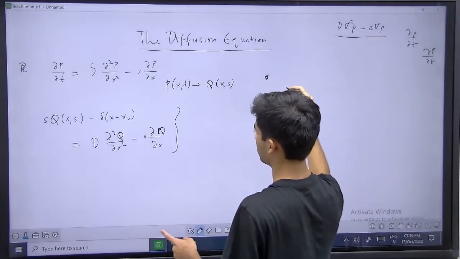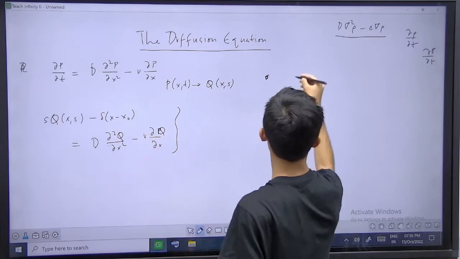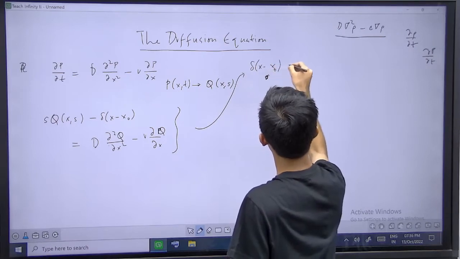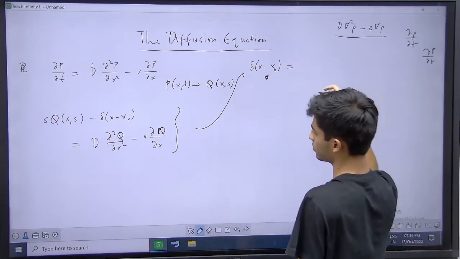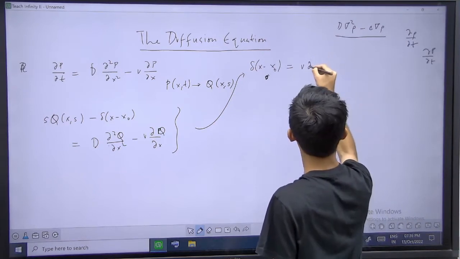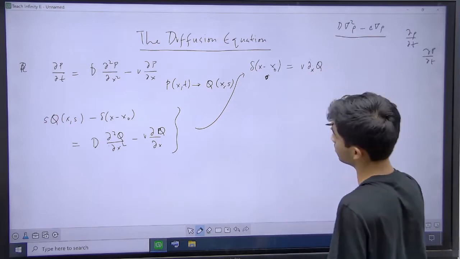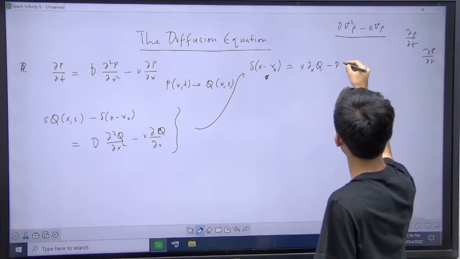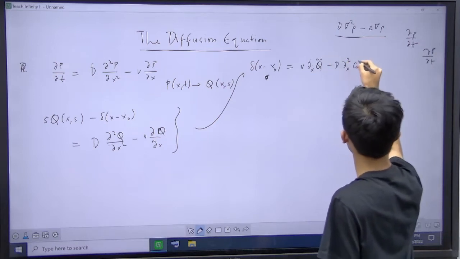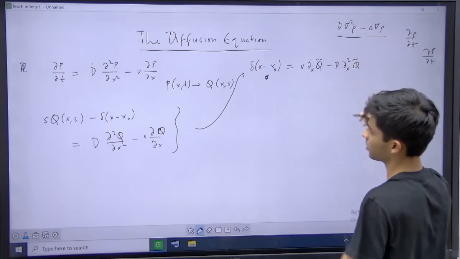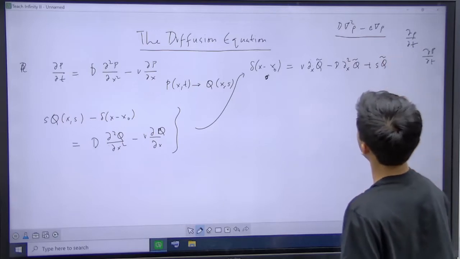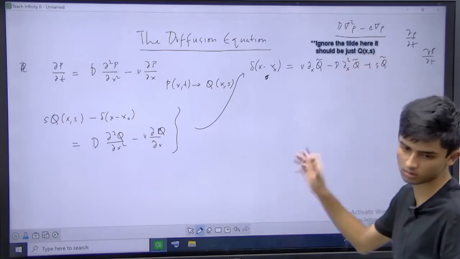I want to keep delta on the positive side, so I will rewrite this as delta of x minus x naught is equal to the operator v, I'll just write it shorthand this way, minus v, plus s times q, right? q tilde by definition is a function of k.